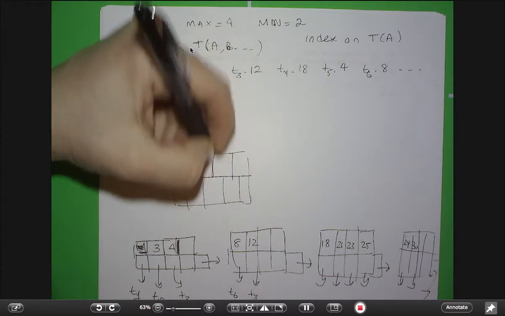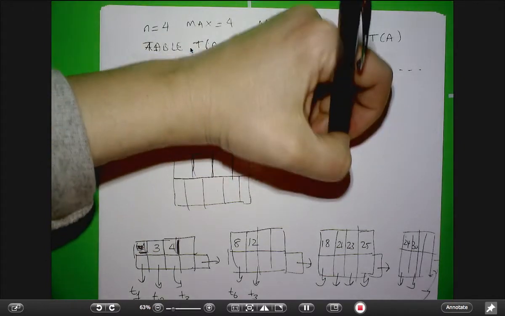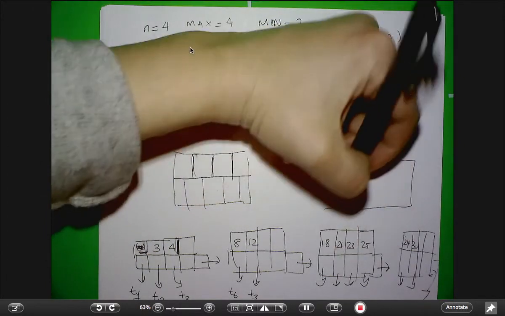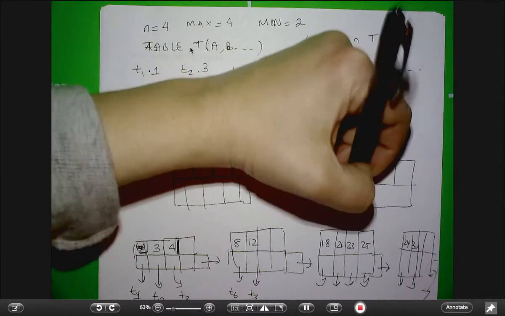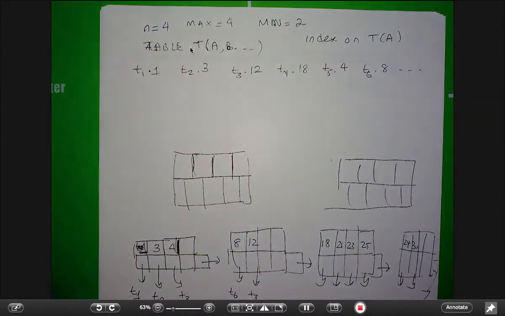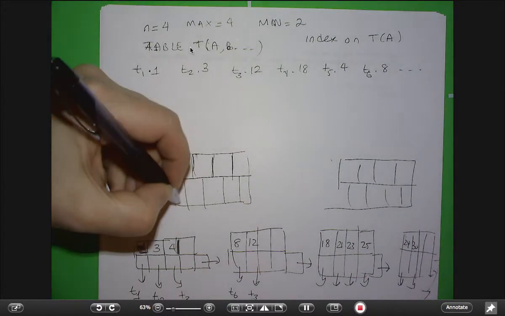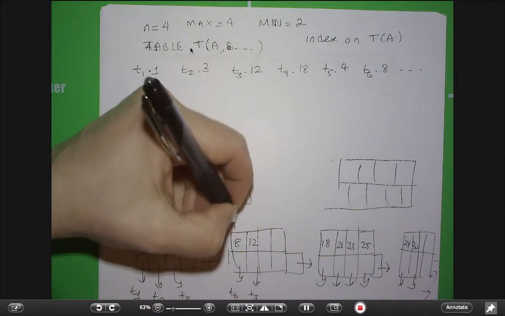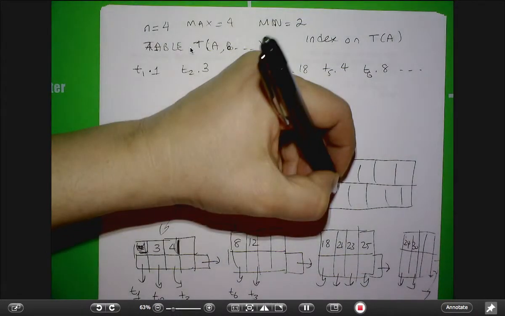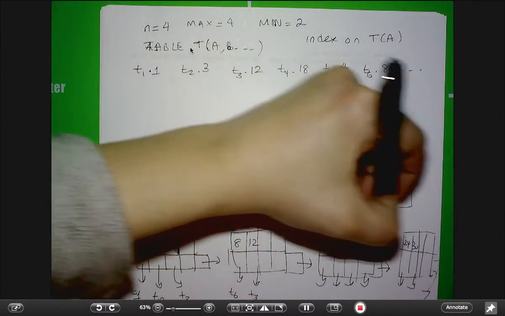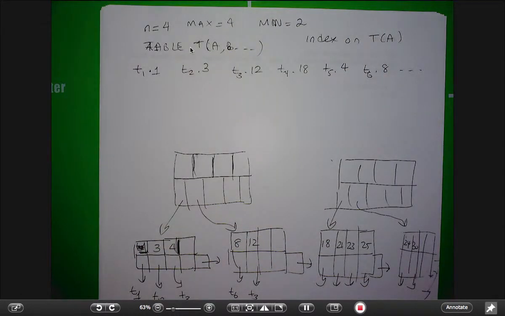Okay. So I'm going to point to this node and to this node. And I'm going to point to this node and this node. So the internal nodes also have at most 4 key values, but 5 pointers.